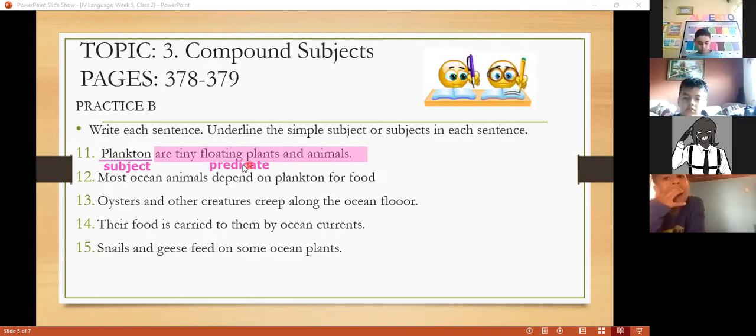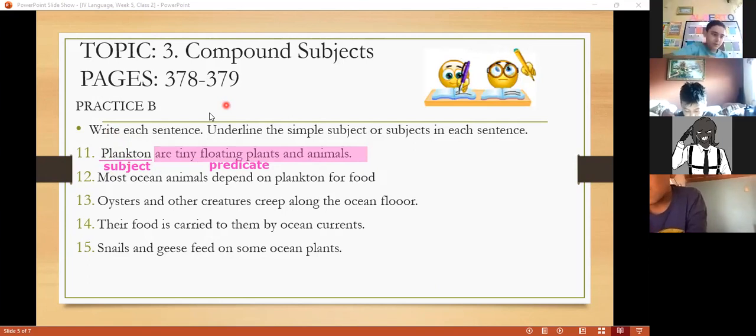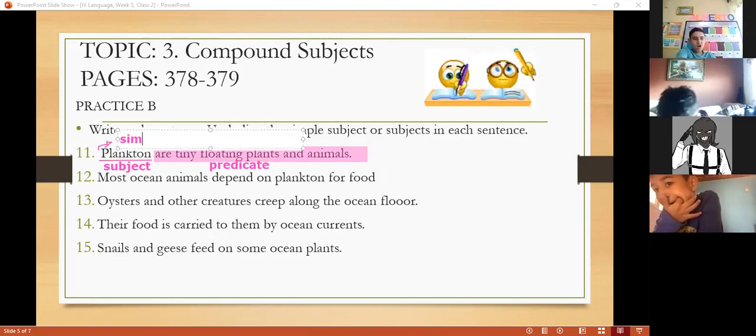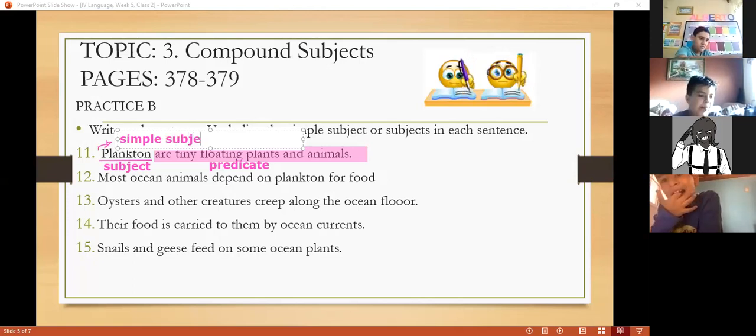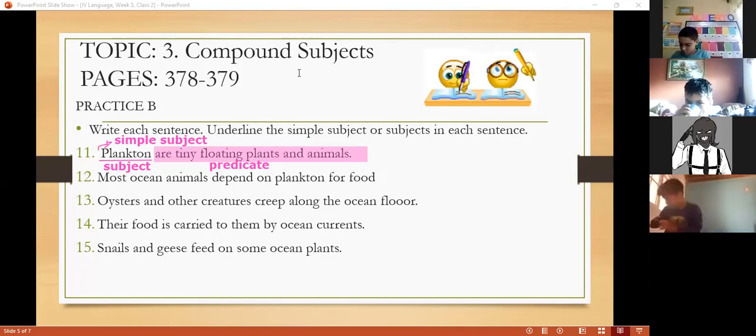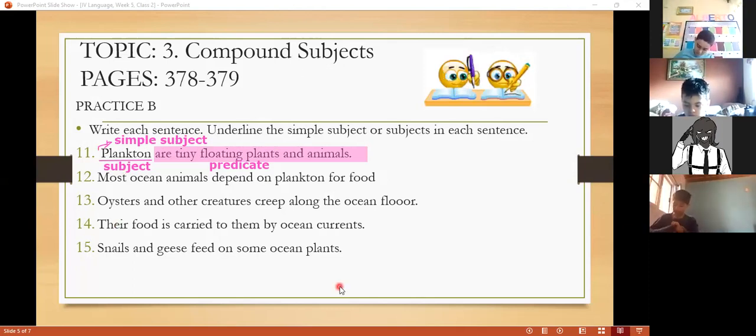Plants and animals, it's in the predicate, and we are not looking at the predicate. We're looking just in the subject. So we underline the subject. You can underline in color like this. Subject, and this is the predicate. Subject is plankton, so in other words, this word is also the simple subject. Simple subject, what is that? And we have to copy all of this. Yes, you need to copy this.